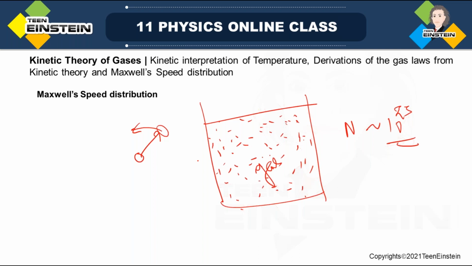A huge range of velocities means some will have, I'm just giving a distribution, suppose 10 meter per second, then 20 meter per second, 30 meter per second. Like that, if some molecules have velocity between 10 and 20, they are also counted.